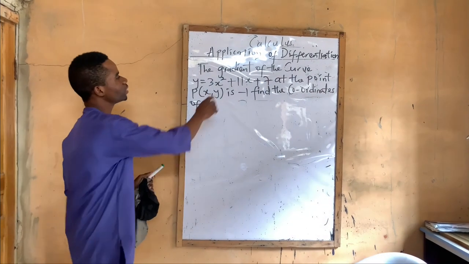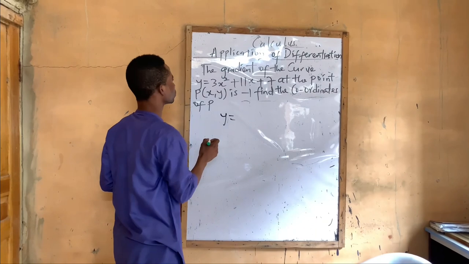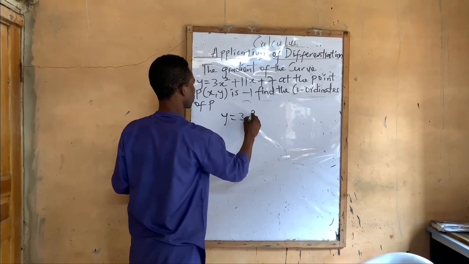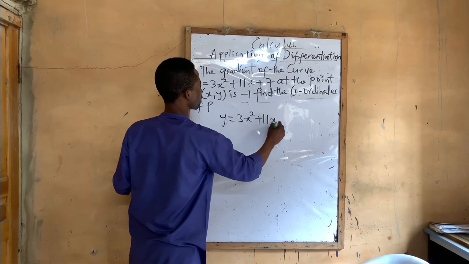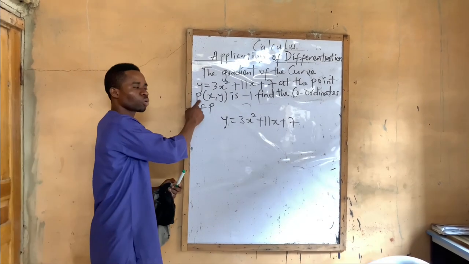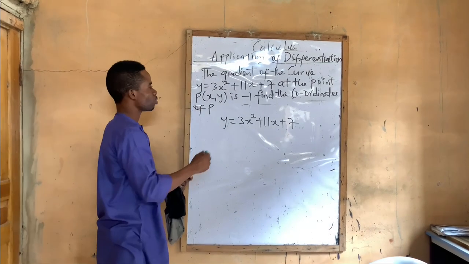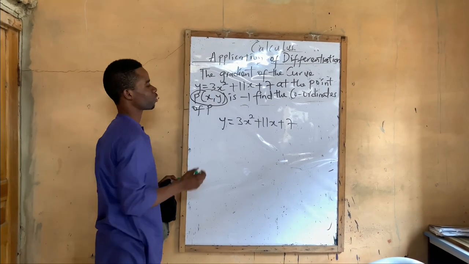They said the gradient of the curve y equals 3x squared plus 11x plus 7 at the point P, coordinate x y, is minus 1. Find the coordinate of P. You are looking for x and y.